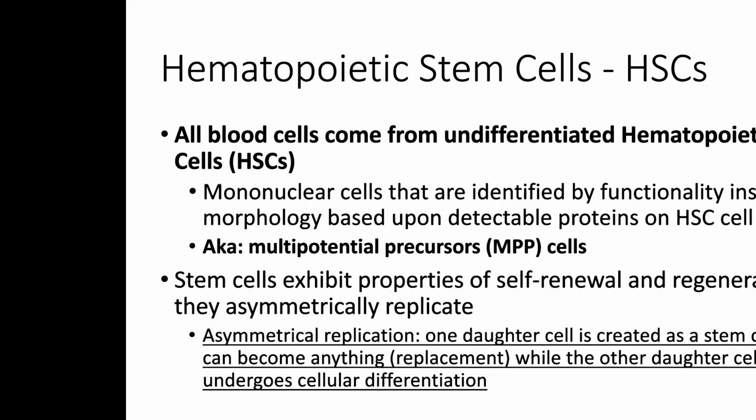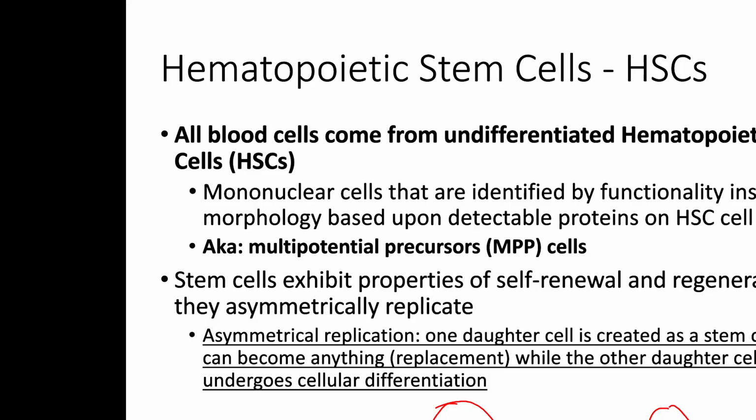But stem cells have this unique property of self-renewal and regeneration as they asymmetrically replicate. This is not something that most cells are able to do. We're familiar with mitosis, where you get two identical daughter cells.